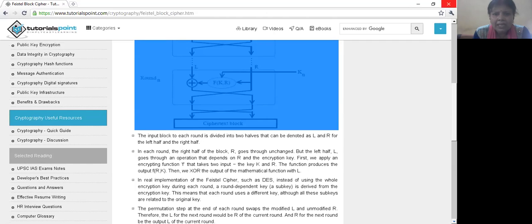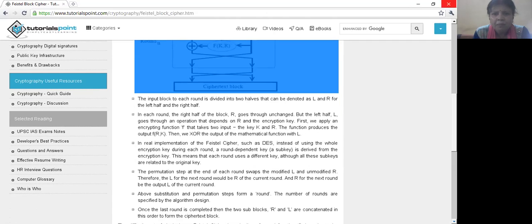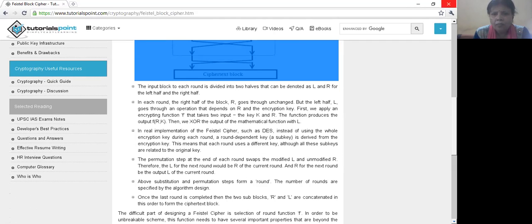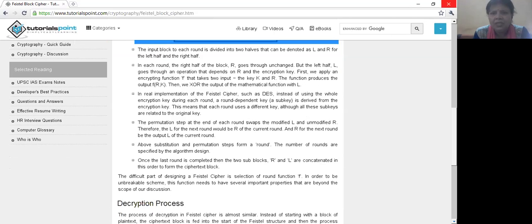First, we apply an encrypting function F that takes two inputs, the key K and R, that is the right part. The function produces the output F(R, K). Then we XOR. Now, what is XOR? That is the exclusive OR of the output of the mathematical function with L.